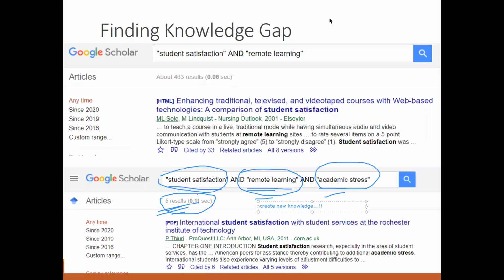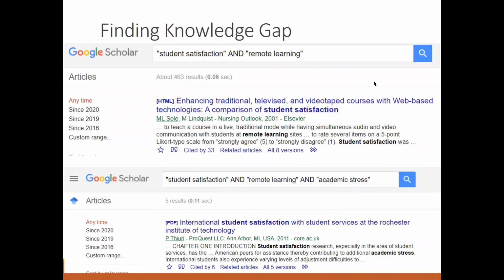So when you write a research paper on these three topics, this will be new knowledge. It is very important for you to understand that in this course we will be creating new knowledge. Okay, so this was what we discussed in our last class.